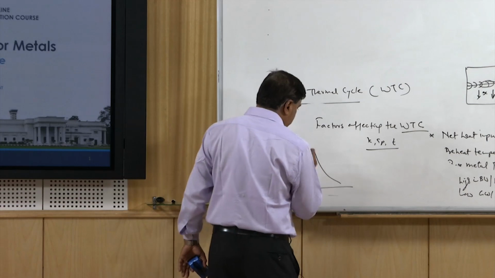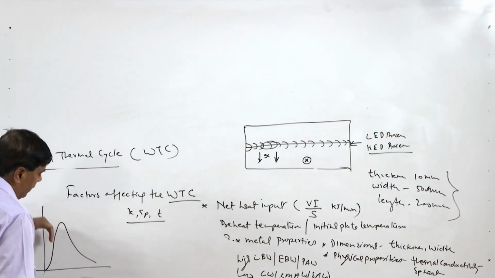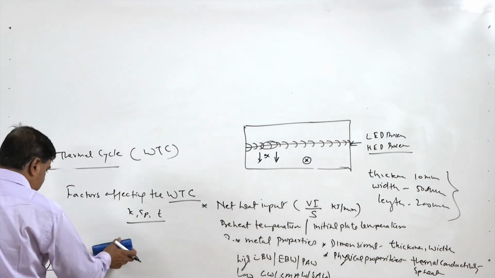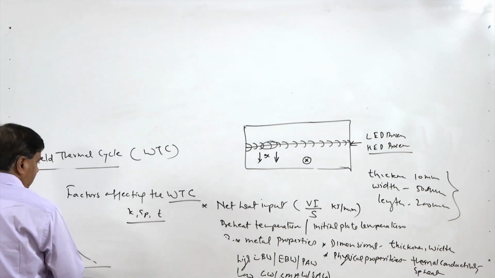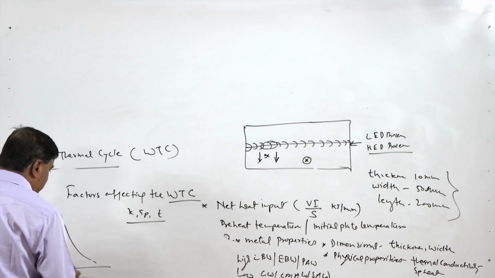Like say this is one for the thin plate. If the heat is transferred rapidly, then the rate of cooling will be high and the peak temperature attained will be less.